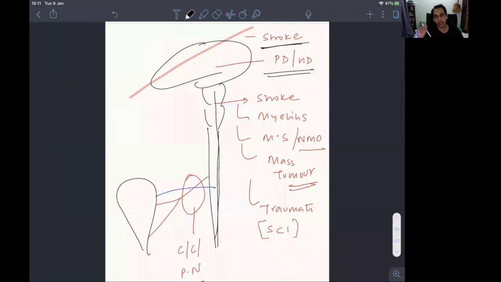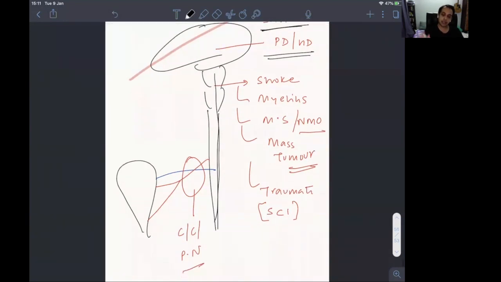And that is what you need to pick up, because just based on bladder alone, it is very difficult to localize the lesion. But if the bladder is involved, then it gives you a pointer that there is definitely an organic lesion, and that lesion will be somewhere in this pathway. So somewhere along this pathway, there is a lesion, and then you look at other findings to localize it further.